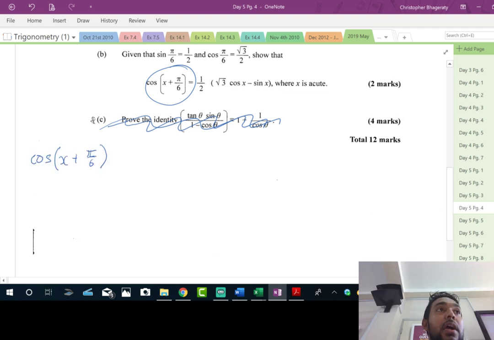Okay, Arya, good, I'm glad you understand now. So if we use that expansion, we get cos of x by cos of pi over 6 minus sine of x by sine of pi over 6. From the information above, sine pi over 6 is a half and cos pi over 6 is root 3 over 2.